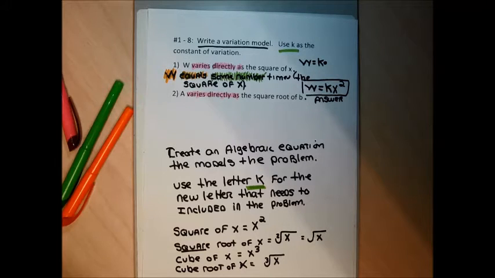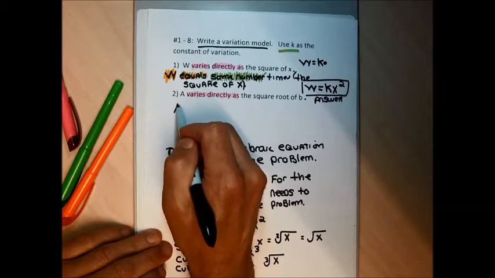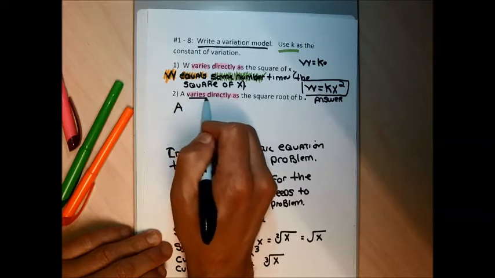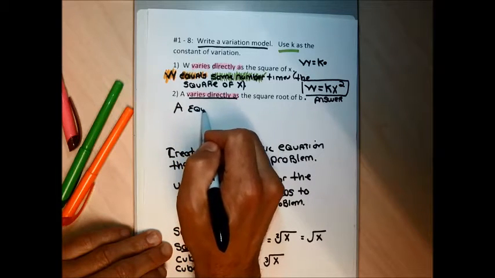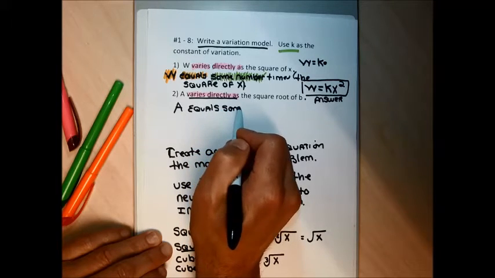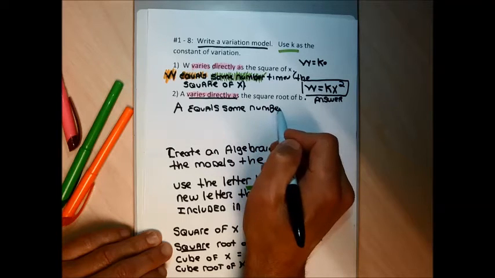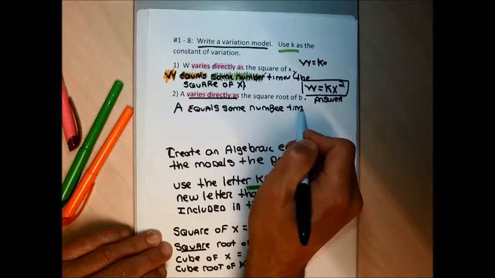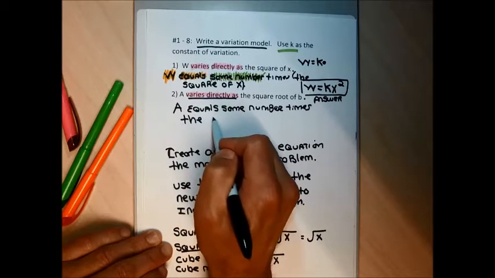All right, I'm going to do number 2 and then eventually get off this page. So if I'm doing number 2, I think of this problem as A, and then these words in my head I think of as equals some number times, and then the square root of b.